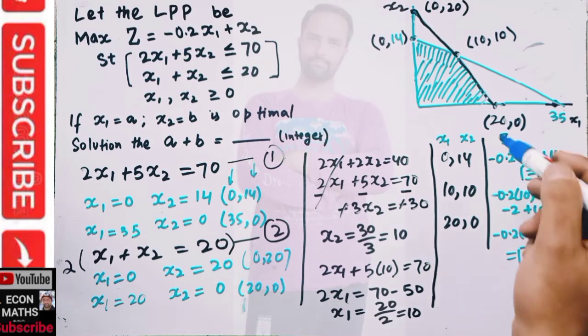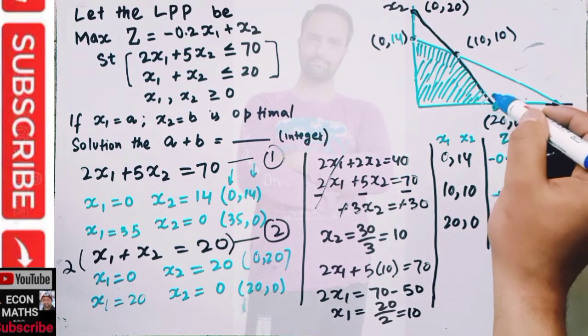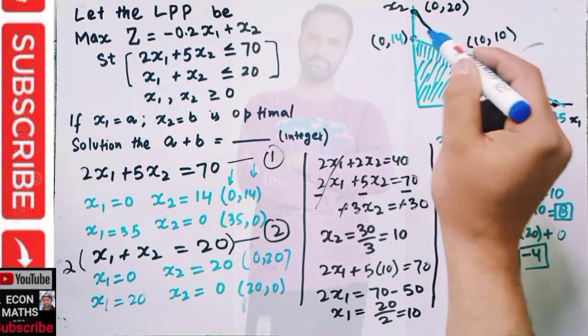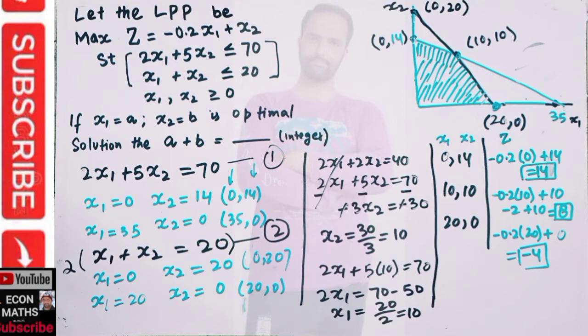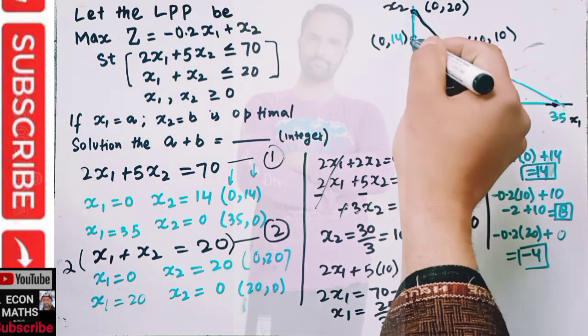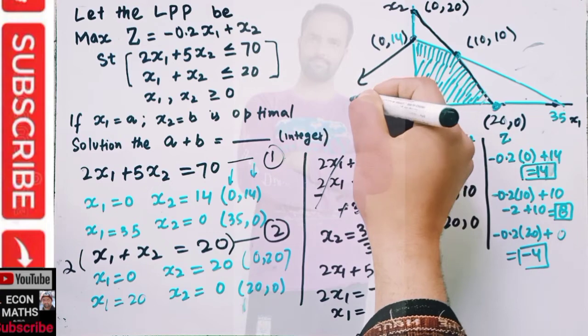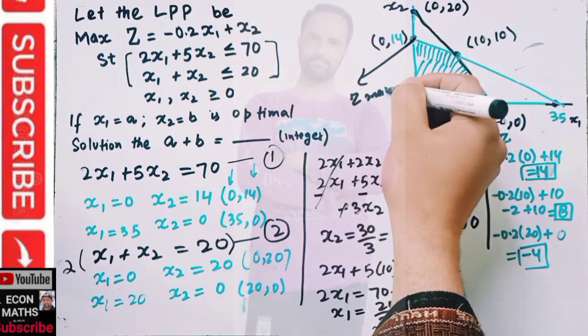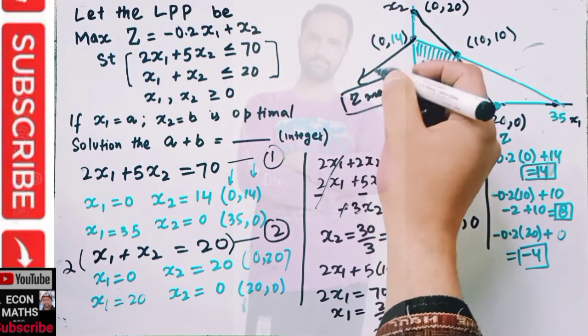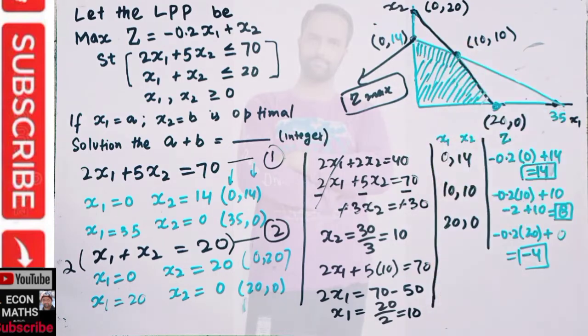Okay, from these 3 points, the maximum value of z occurs at this point. z is maximum when x1 is equal to 0 and x2 is equal to 14.